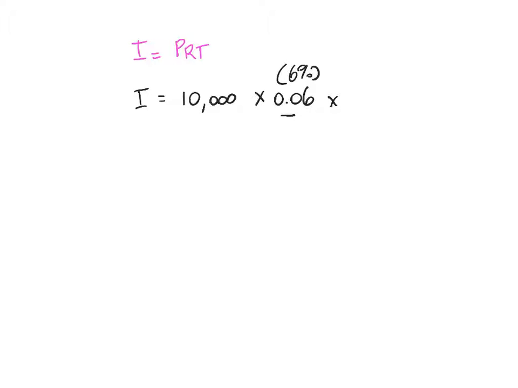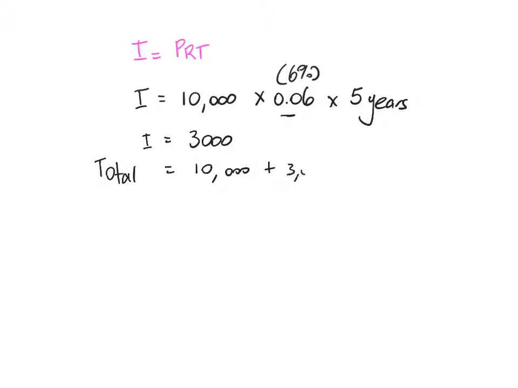And let's say we're going to invest this money for 5 years. In that case, it works out to be $3,000. So this is our interest amount. Now our total at the end after the 5 years would be 10,000 plus 3,000, so our total would be $13,000. So when we say simple interest, it really is simple.